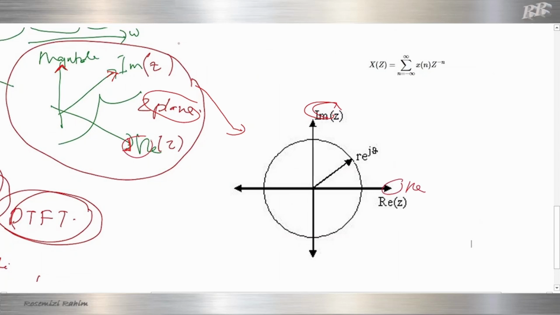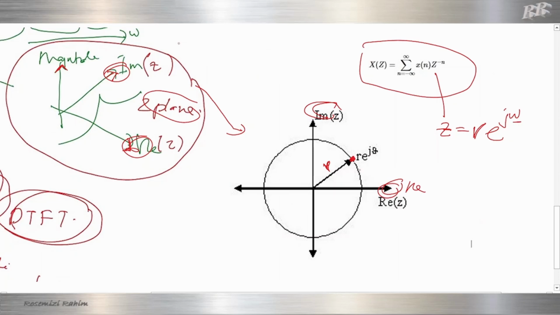From this equation, z equals r e^(j omega), where r is the magnitude of z. From this graph, this is r, the magnitude of z, and this is the location of z.